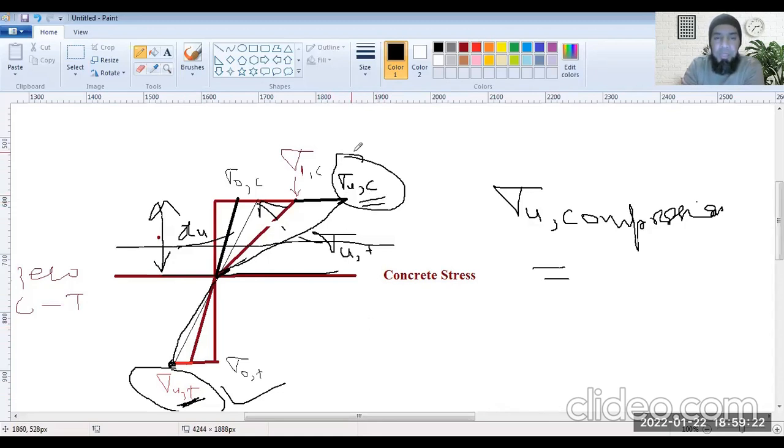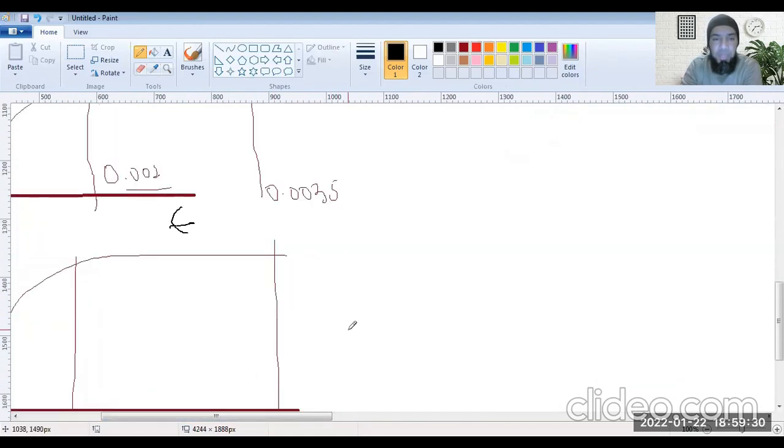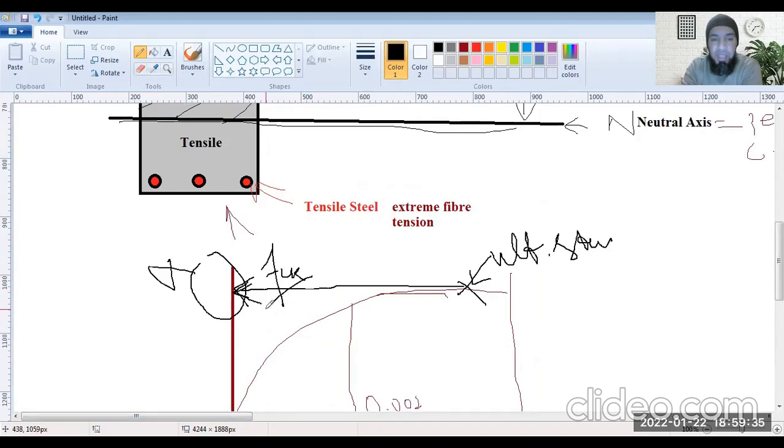तो हमें कौन सी प्रॉपर्टी चाहिए कंक्रीट की? We need the property in compression, this sigma UC. तो वो हम CTM पे निकालते हैं. We know that property now. और उसका वैल्यू क्या है? FCK. It would have been FCK. Sigma UC would have been FCK for ultimate stress.